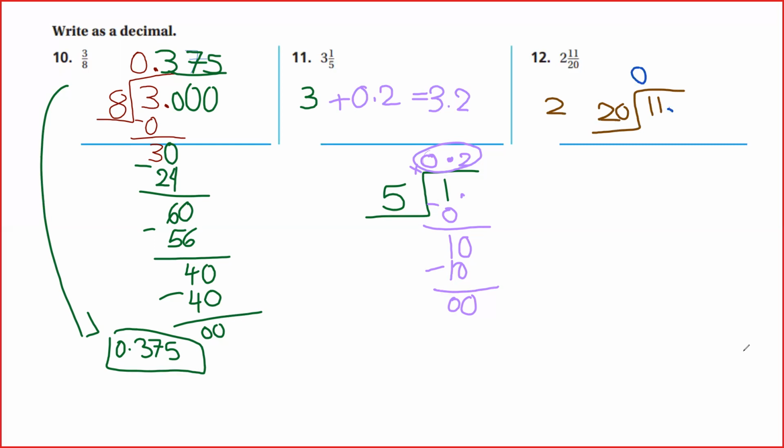Add 0 and add a decimal point here. Next, 0 times 20 is 0. Then 11 minus 0 is 11. Then next, what do you have to add? 0. Yes, bravo. First, you have to add the decimal point, I forgot it. Then next, you will add 0. 110 over 20.